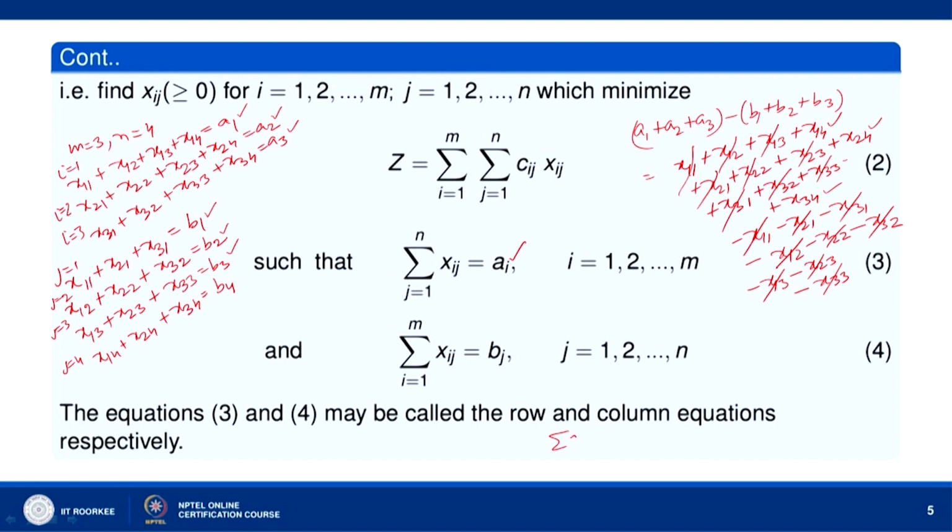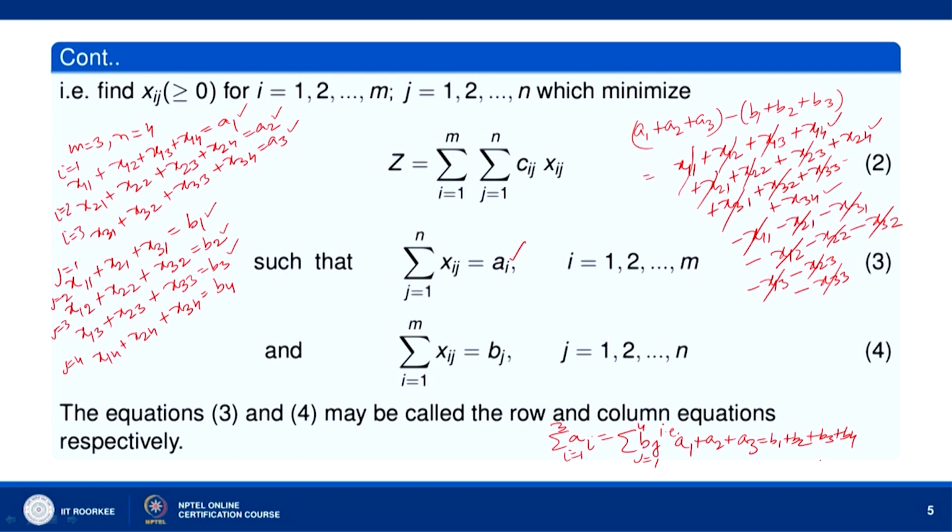Sigma Ai, i equal to 1 to 3, equals sigma Bj, j equal to 1 to 4. That is, A1 plus A2 plus A3 equals B1 plus B2 plus B3 plus B4.